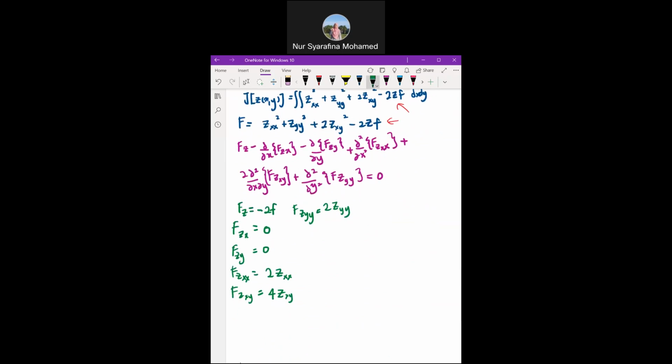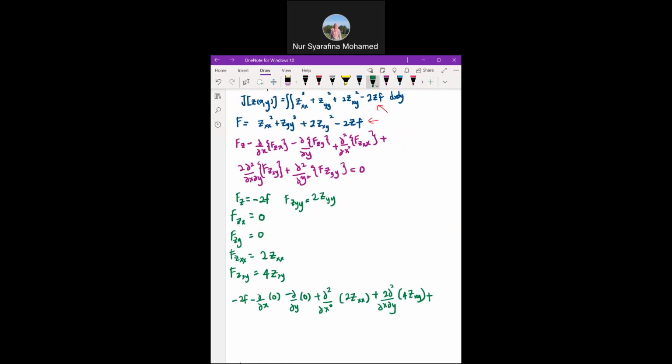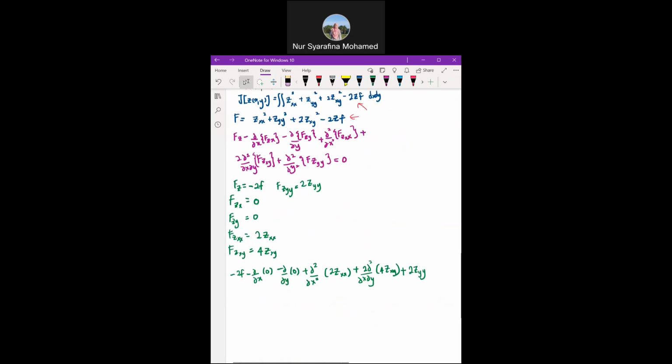From here we have negative 2f minus del x of 0 minus del y times 0 plus del squared del x squared of 2zxx, plus 2 del squared del x del y of 4zxy, plus del squared del y squared of fzyy, which is 2zyy, equals 0.